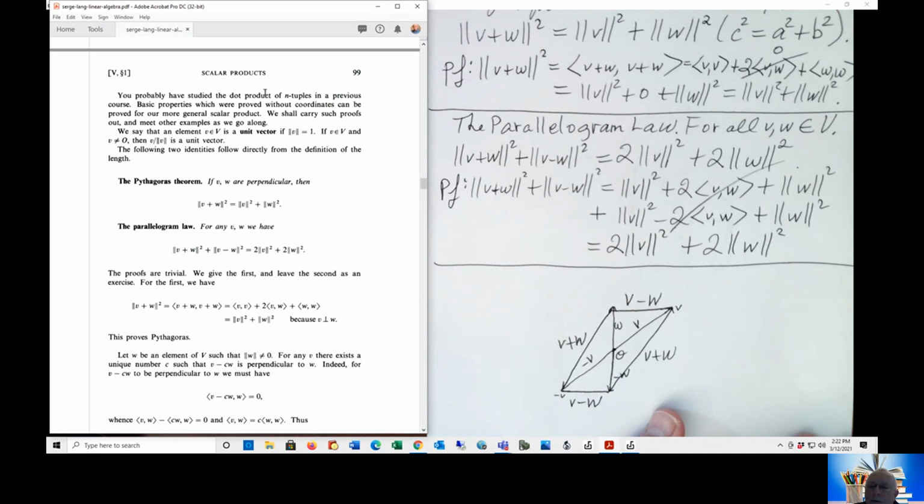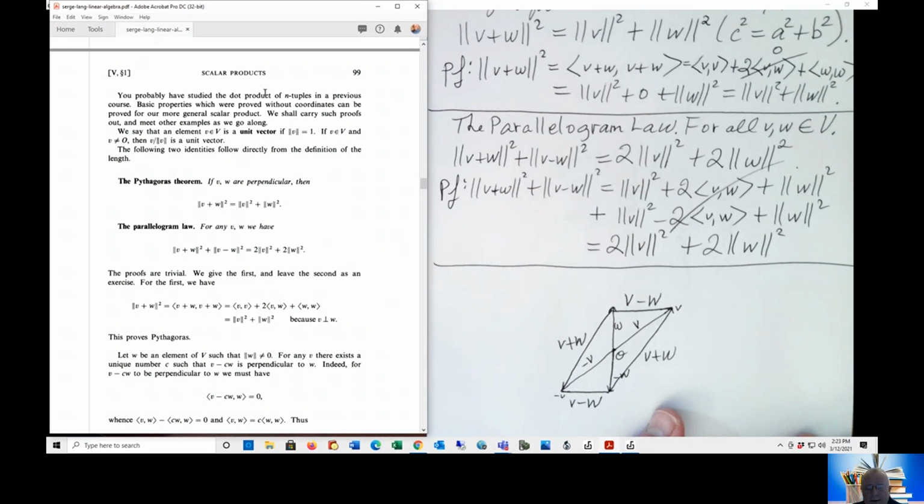You have norm v squared plus twice vw plus norm w squared plus norm v squared minus 2vw plus norm w squared. So the inner terms cancel out, and you're left with 2 norm v squared plus 2 norm w squared.